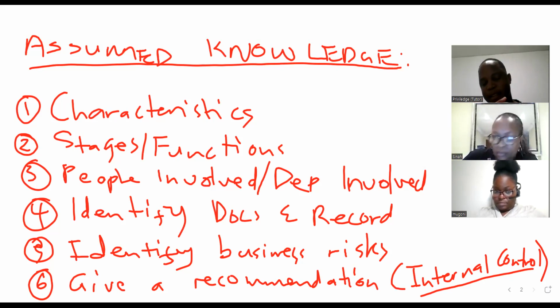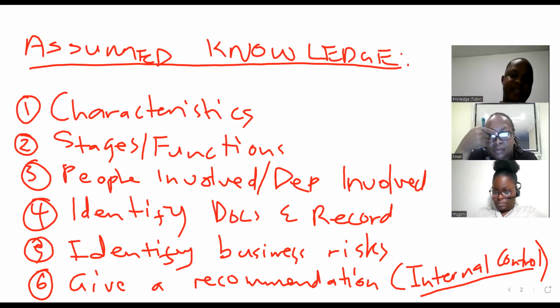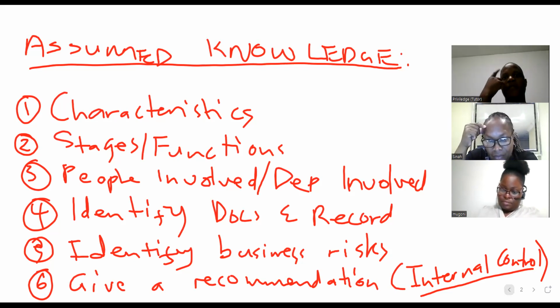This is the assumed knowledge that you need to have. Just in case you are still copying, I can give it a minute. While I'm explaining this, there is another thing you should think about. I'm still continuing with assumed knowledge.